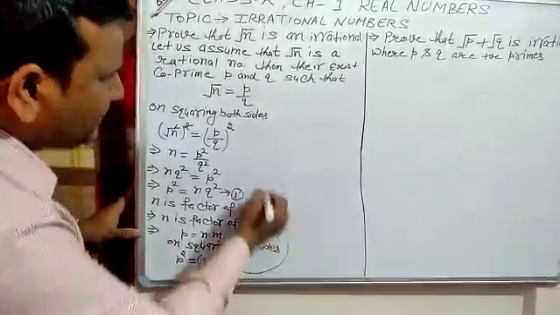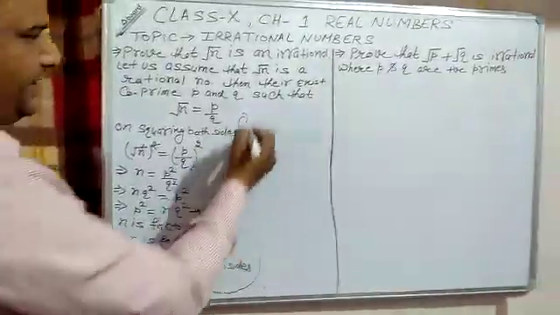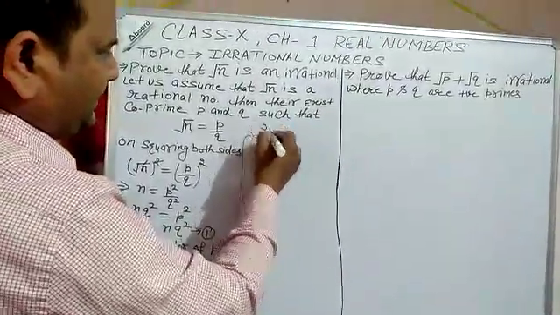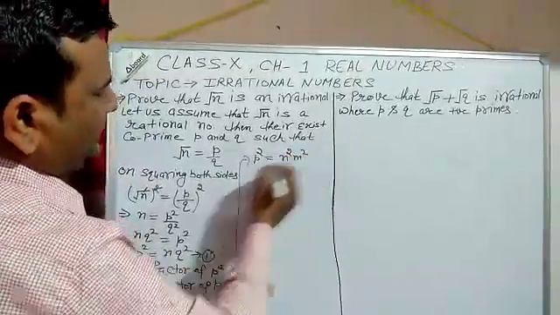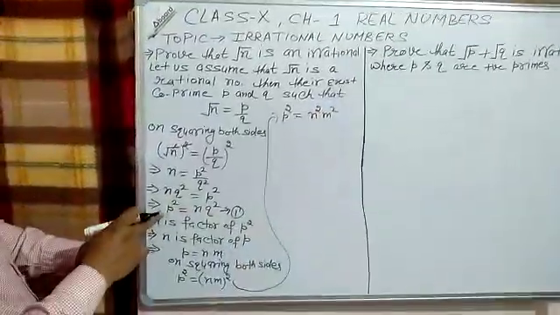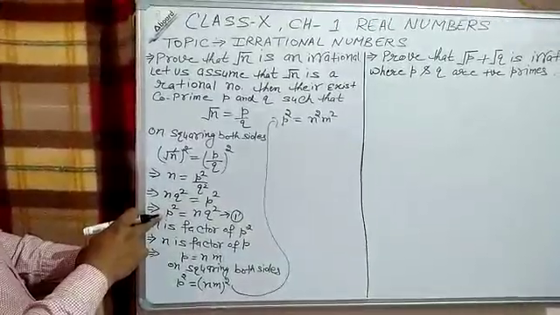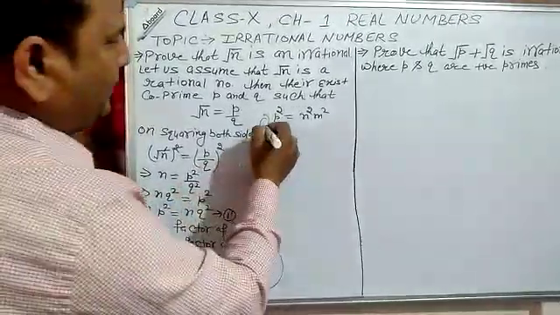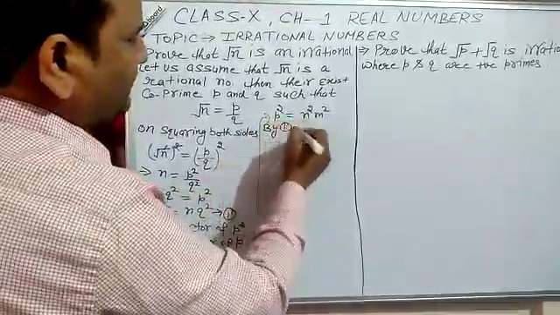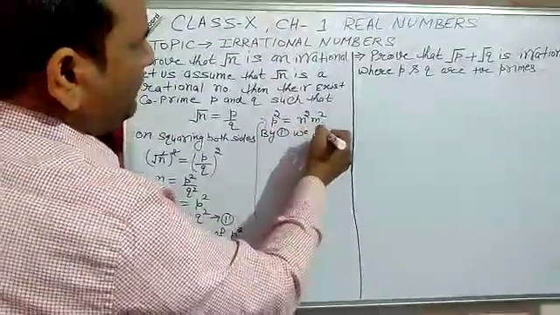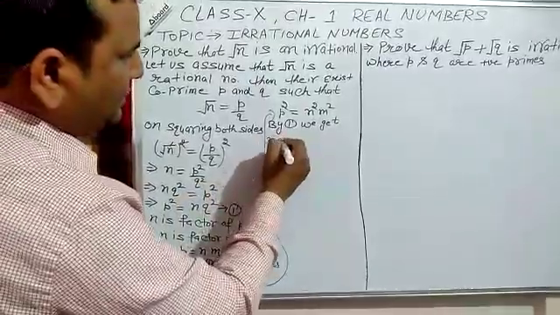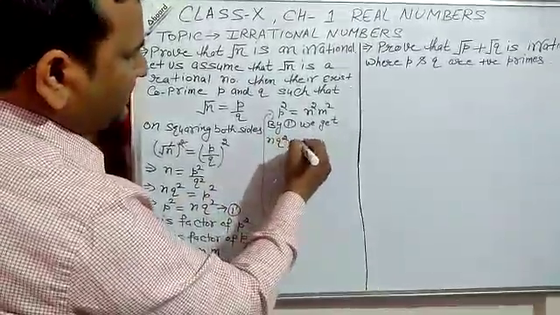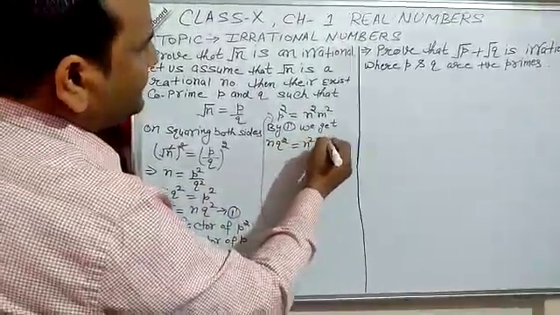It further implies p square is equal to n square into m square. We already have the value of p square in equation number 1. So by equation number 1, the value of p square, n into q square, is equal to n square into m square.